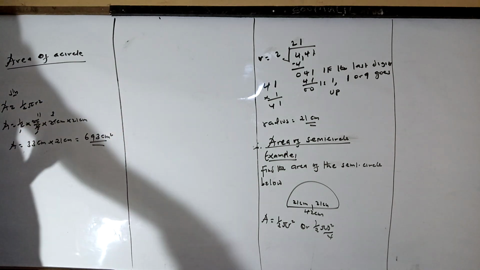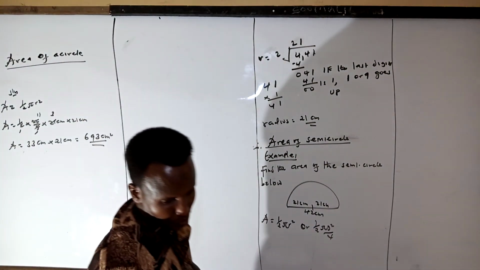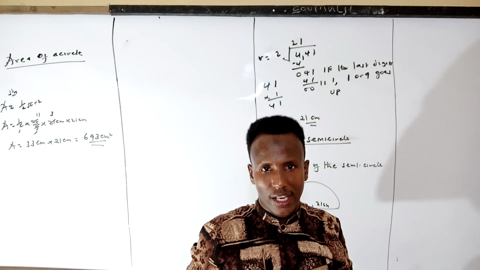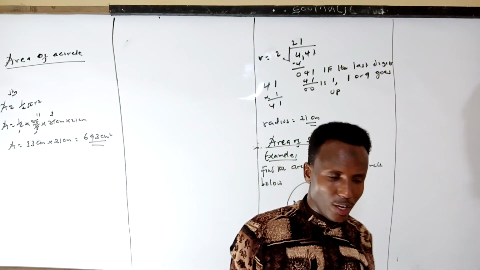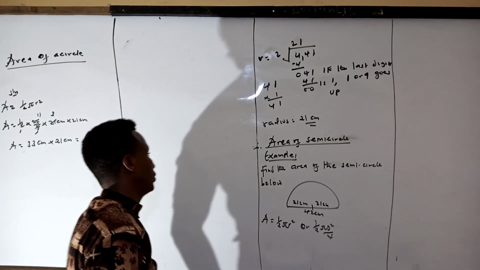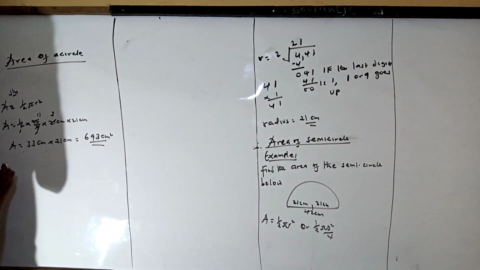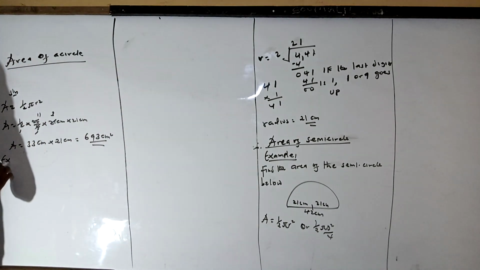At times you can be given the area of a semicircle, then you'll be told to find its radius. So let's see that. Example 2.